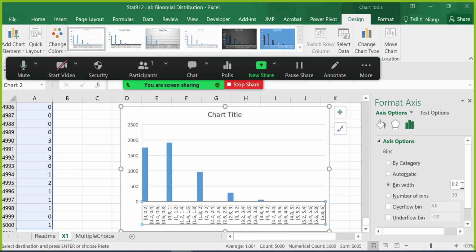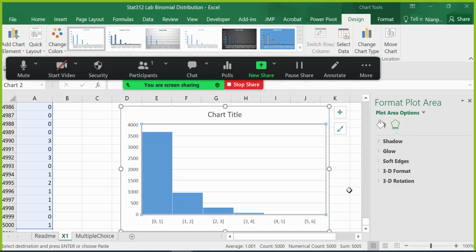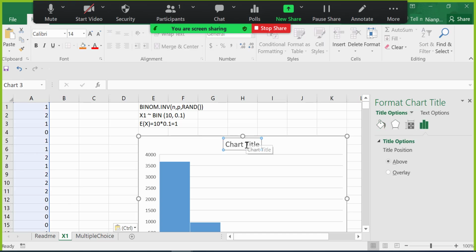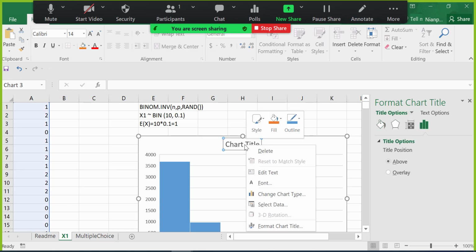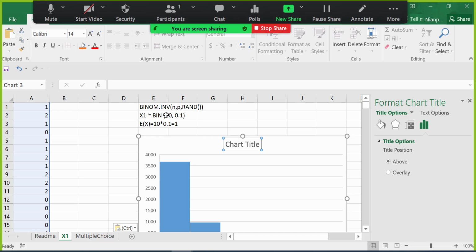Since I know this is a whole number, the value could be 0 or 1 or 2, so for the width of the bin, I just use 1, just 1 unit. Oh yeah, this one is hard to see.